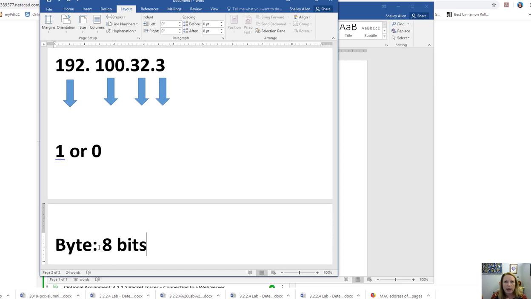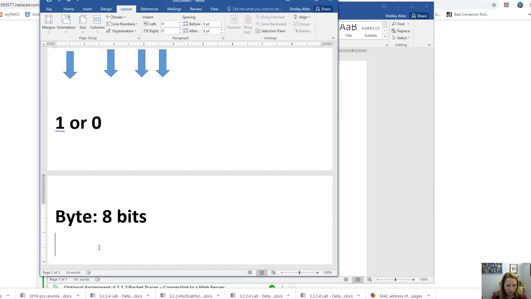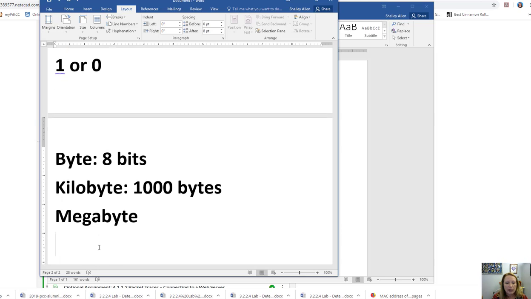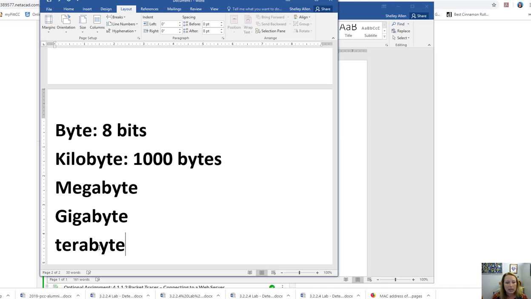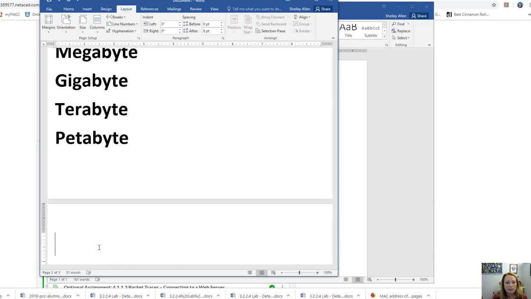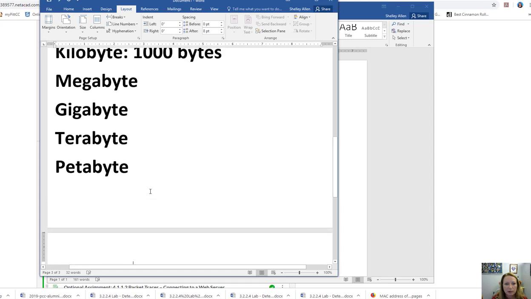So you could have a kilobyte, which is 1,000 bytes of information. You could have a megabyte, a gigabyte, terabyte, petabyte, then it goes up to zettabytes, for larger units of measurement.